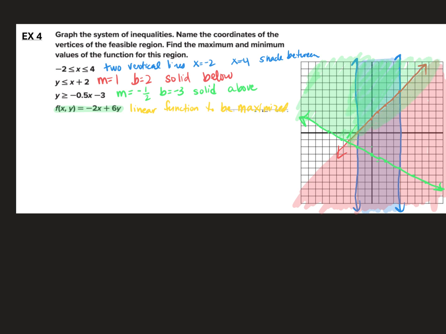I've got to figure out where all of this shading, the blue, the red, and the green, where they all intersect, what shape. Since I don't have any dotted lines, I am going to grab a black marker here in just a moment, and I'm going to outline where that shading intersects. Hopefully you see it beforehand. Just be very careful. It has to be all of them in which it intersects.